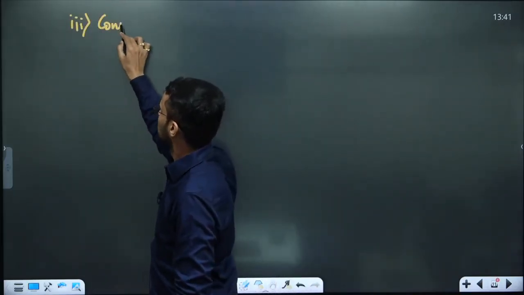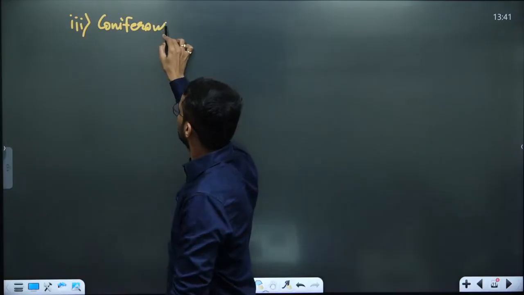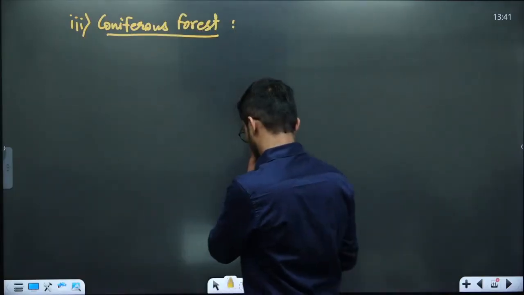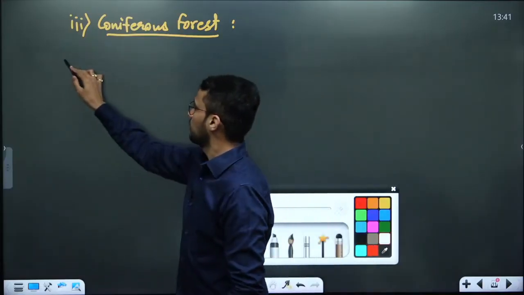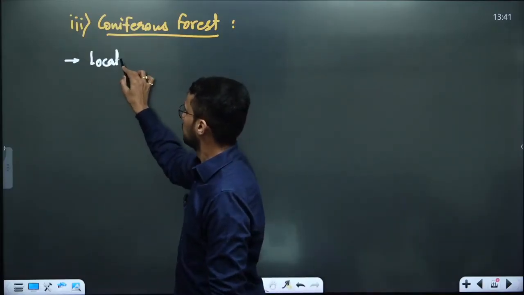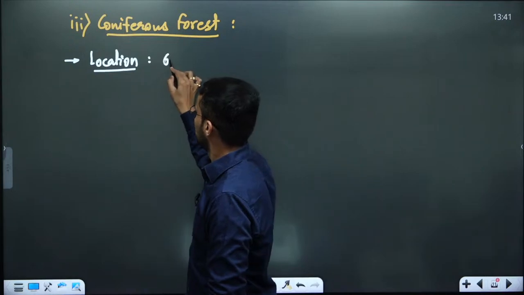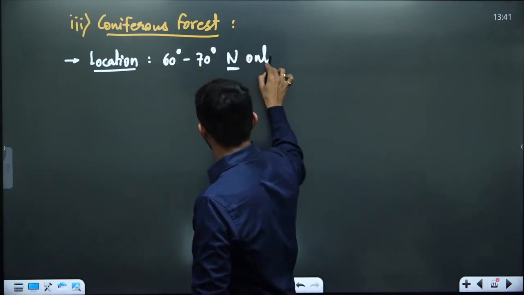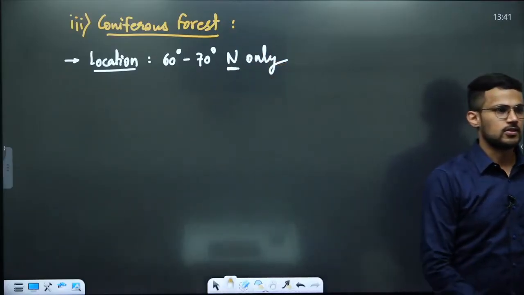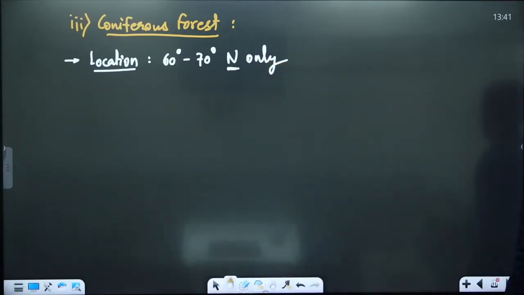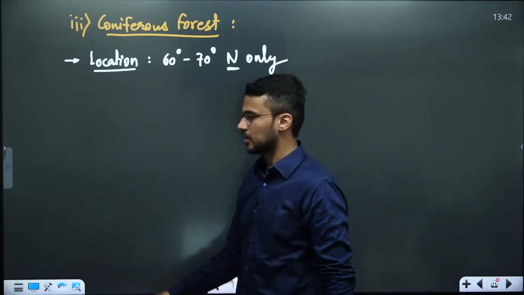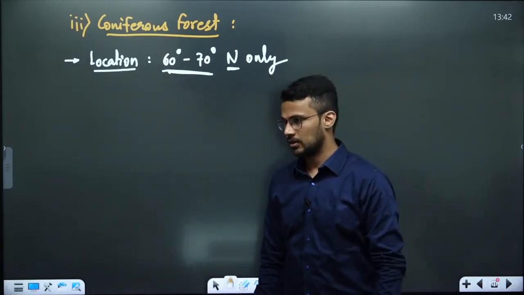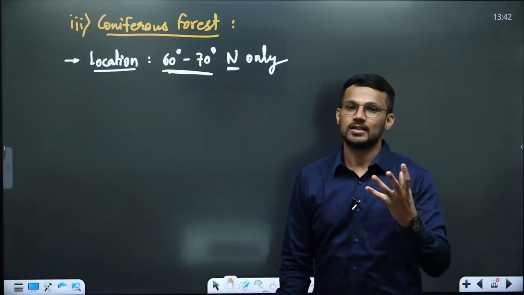Next and third type of forest is coniferous. Location: 60 to 70 degree north only, is not there in southern hemisphere. क्यों? क्योंकि इस लैटिट्यूड में southern hemisphere में क्या है? Waters are there, right?